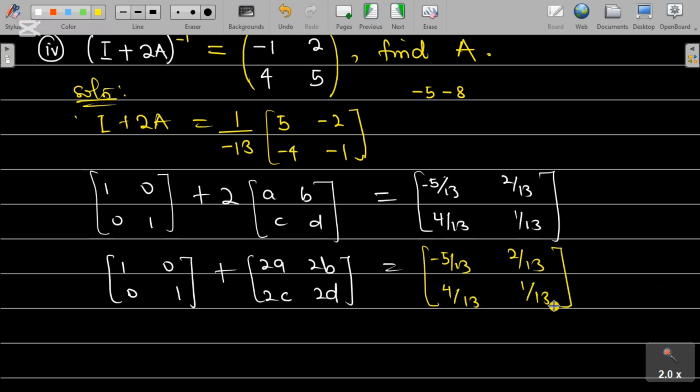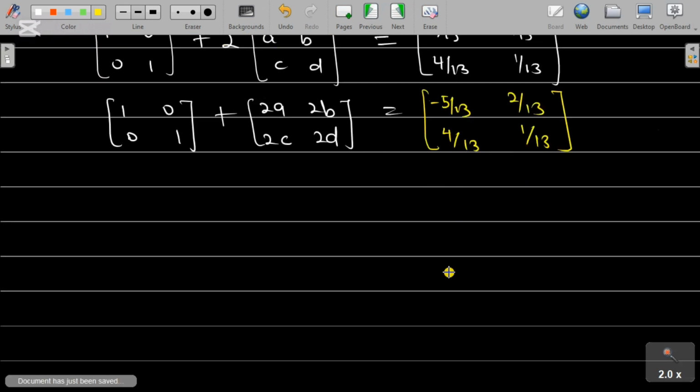What we will get eventually is that, of course, you know addition of matrices, you add component wise. So this will give you 1 plus 2A, then 0 plus 2B is 2B, 0 plus 2C is 2C, and then you now have 1 plus 2D.